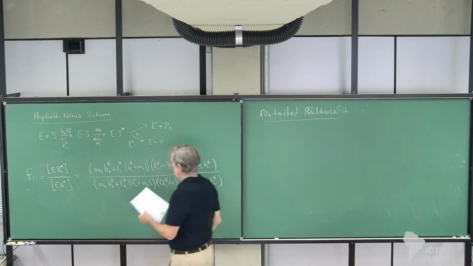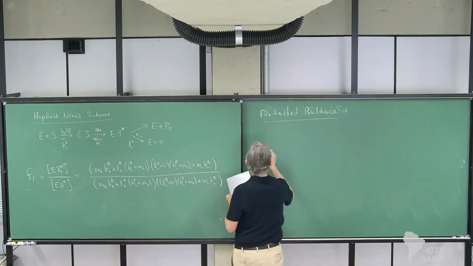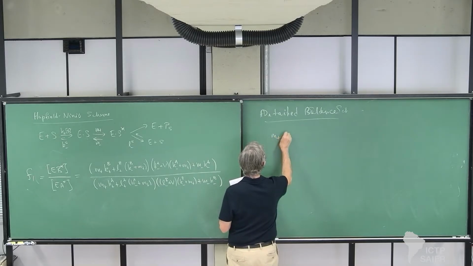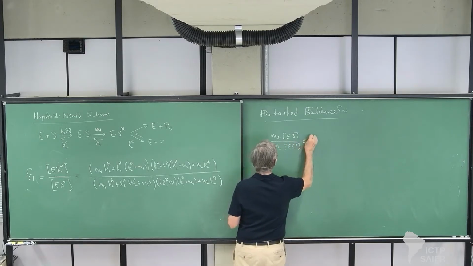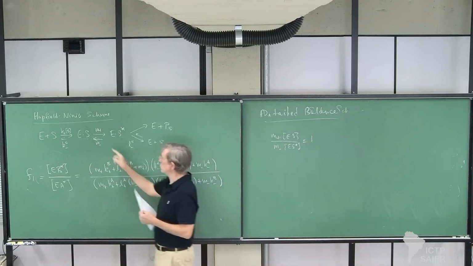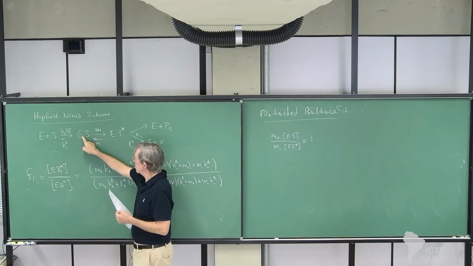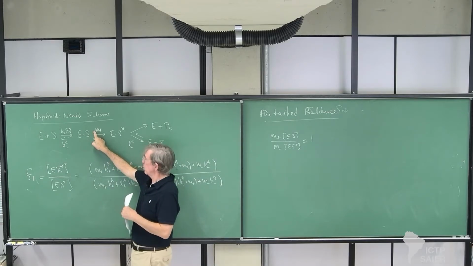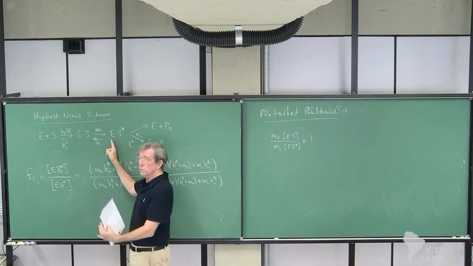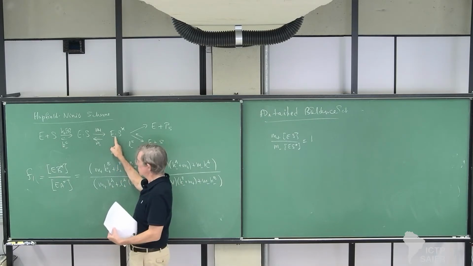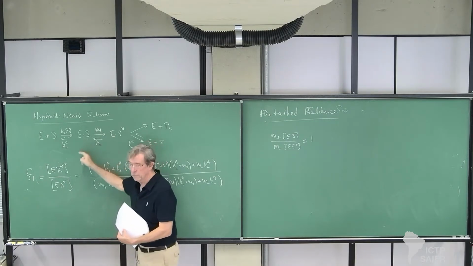So what does that mean? That means that m plus times ES divided by m minus ES star, it's got to be 1. In other words, the concentration of this times the transformation rate m plus has to be equal to the reverse reaction, the concentration of the excited guy with the backwards transition rate.